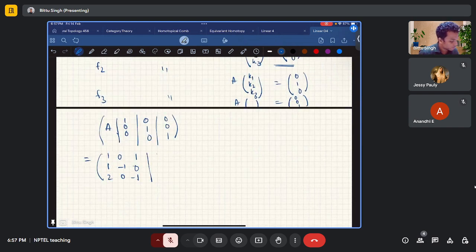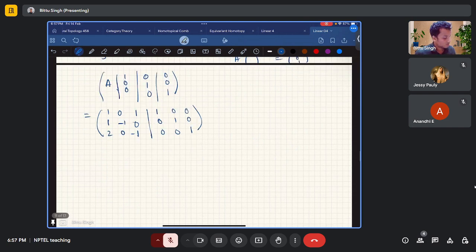After that, the identity matrix. So we'll perform the operations.